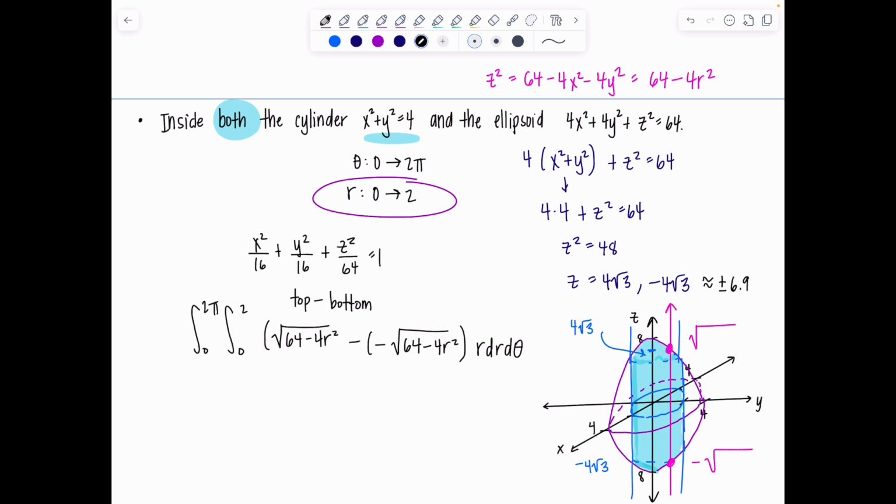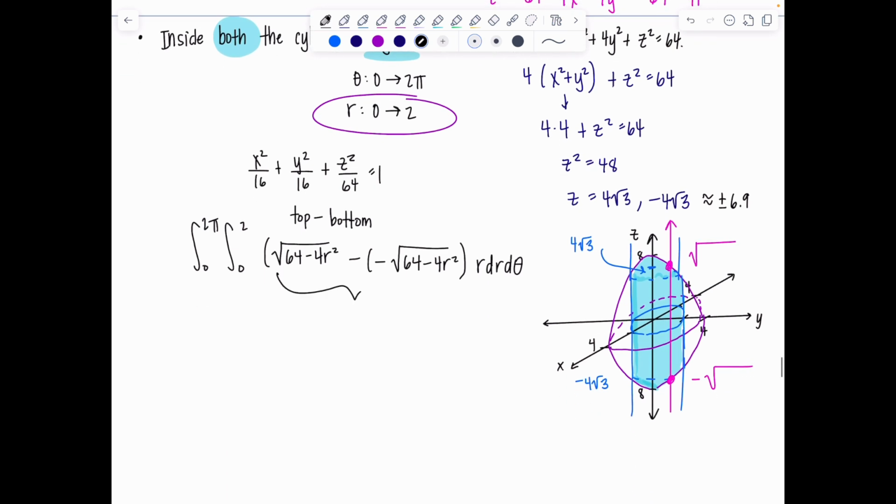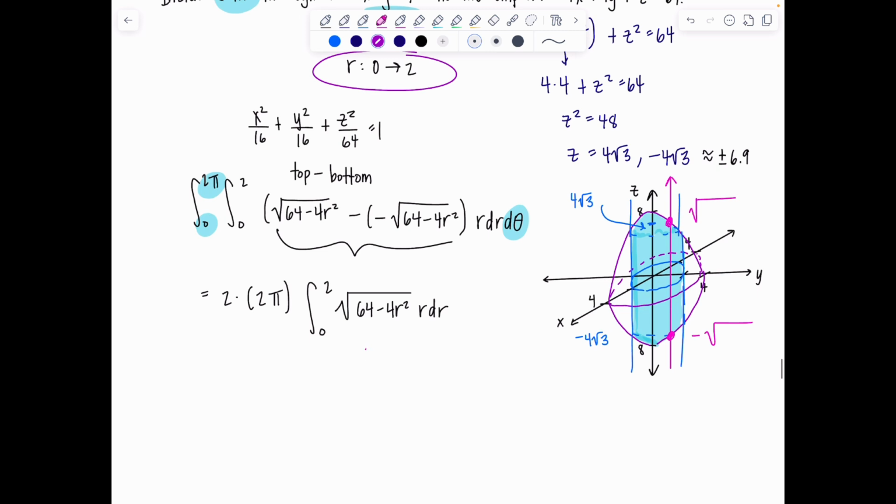Okay, good. So then this ends up being doubled. I don't see any thetas. Woo-hoo. Add a 2 pi. Then we have 0 to 2 rad 64 minus 4r squared r dr. Again, we're not u-subbing. We're doing it in our head. If u was 64 minus 4r squared, du would be negative 8r dr. So we're going to pick up a negative 1/8.